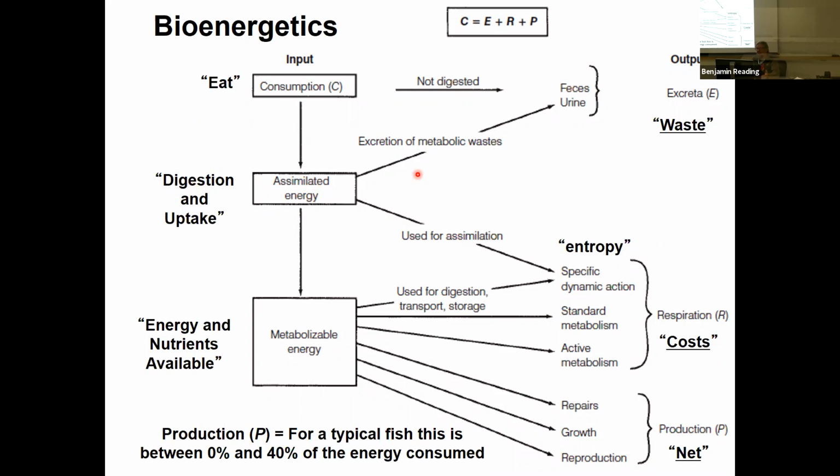If you've got stuff hanging around in your gut and you want to pump it inside of your body into the bloodstream to use it, pumping that stuff isn't free. It takes energy. And this is the energy required to take it in and also the energy required to get rid of it.